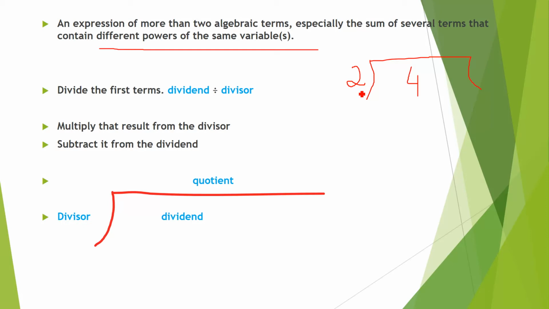And whatever is outside is called the divisor. And the answer we get, we have to write down here. We have to find the quotient. So this is called the quotient, whatever I write down here. This one is the dividend, this is the divisor, and this is the quotient.